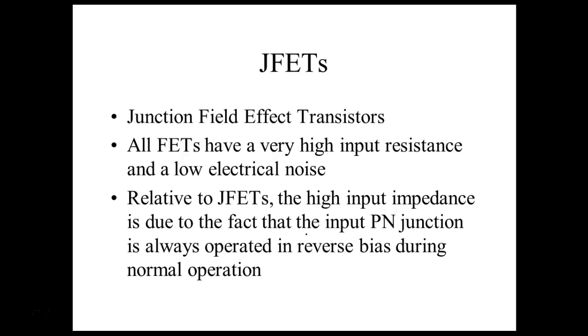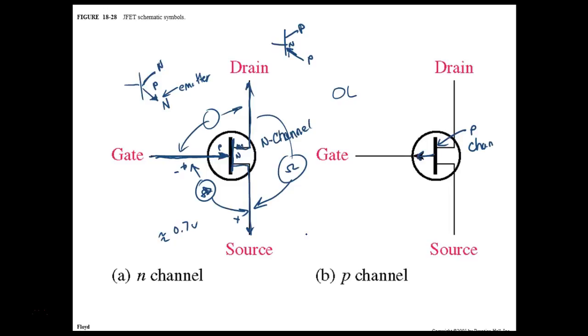So a lot of your touch screens use FETs. Maybe not a JFET, but some form of FETs that we're going to look at. So JFETs have a high input impedance due to the fact that the PN junction is always reverse biased. So basically, a JFET will not load a source. And so the source thinks it's running into an open circuit.